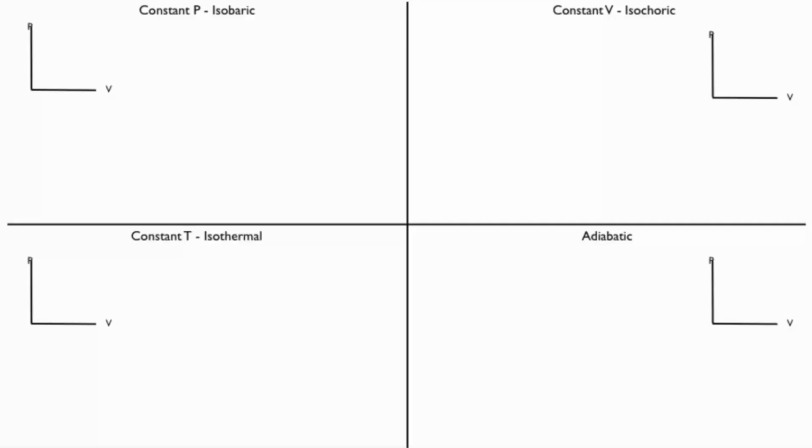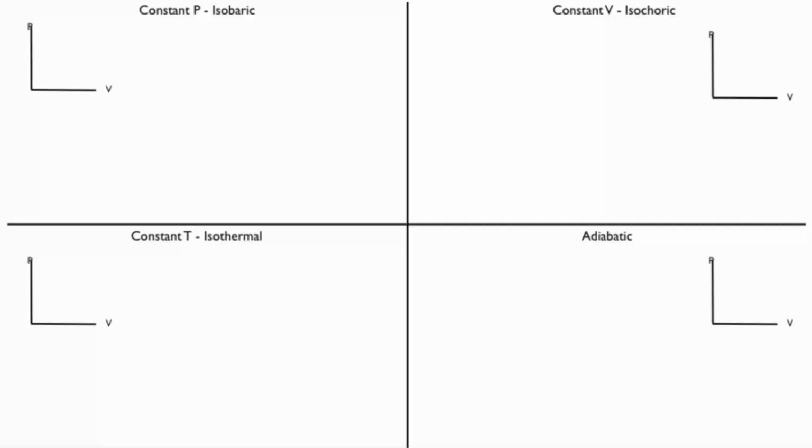So on a PV diagram, realizing that pressure's on the y-axis and volume's on the x-axis, what would a constant pressure event look like? We need to draw a PV relationship where the pressure is staying the same.